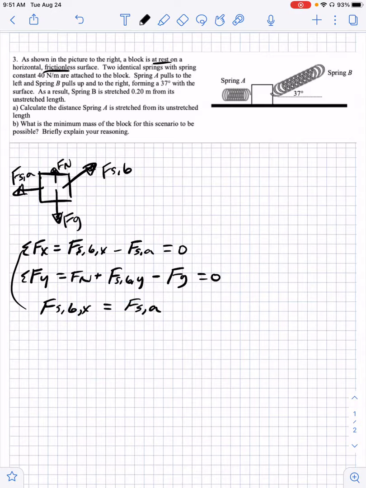The spring constant k was equal to 40 newtons per meter, and that was for both springs.